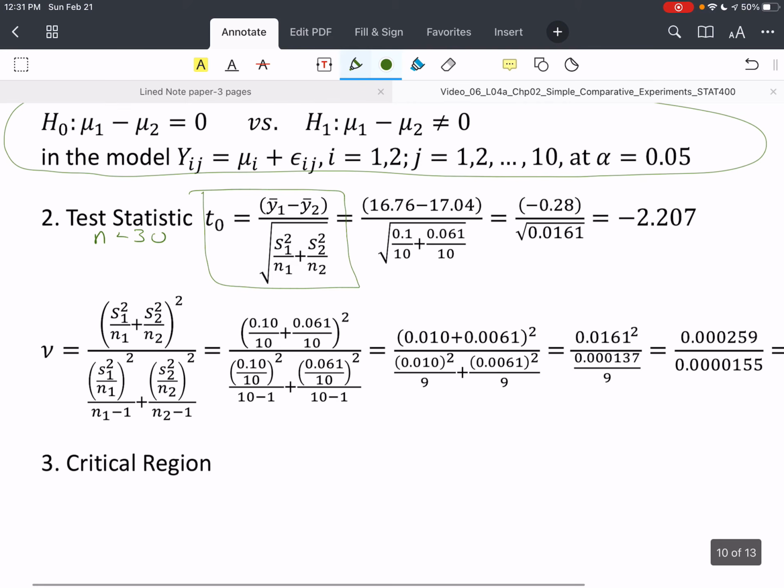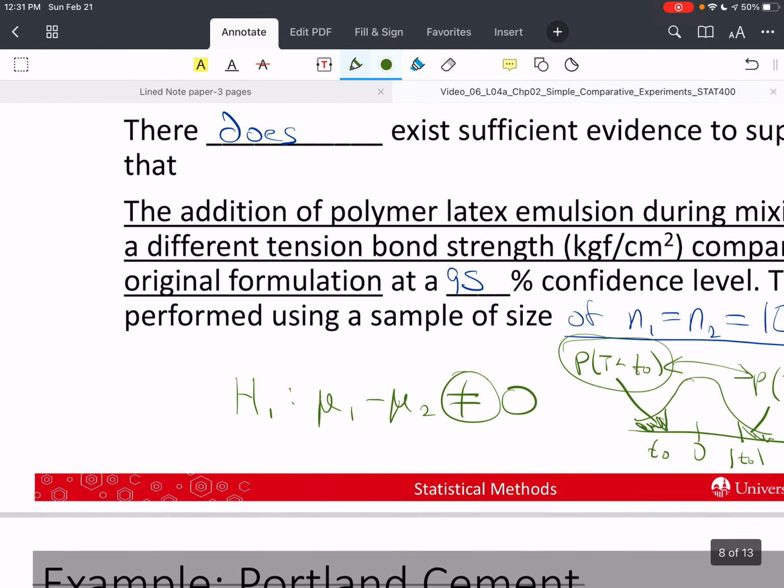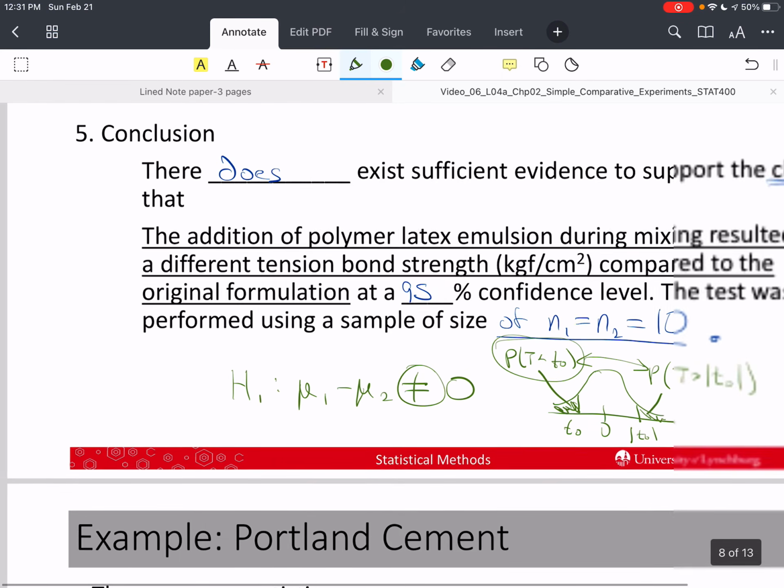Okay. So we get our test statistic. I've already filled in the values because you can look at the values and plug into this equation. And you need to do that. So please pause the video and calculate this out and verify the values that I obtained. So with that, a negative 2.207. This is the same value we just got when we use this different formula. Wow. Okay.